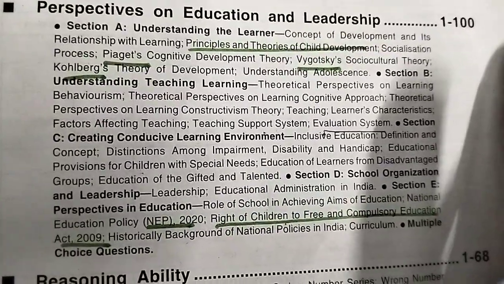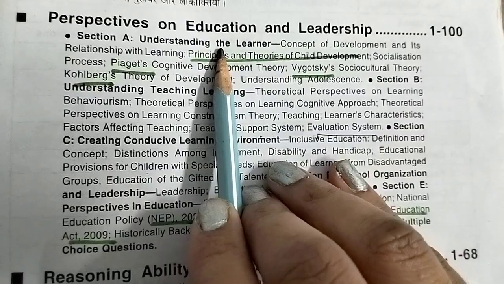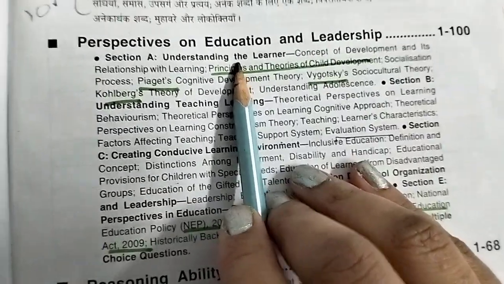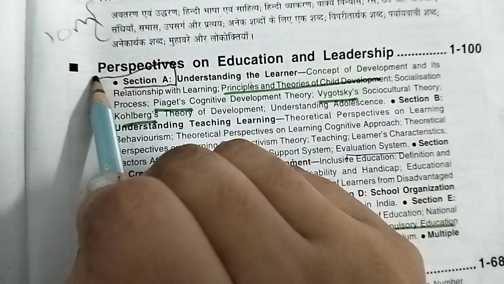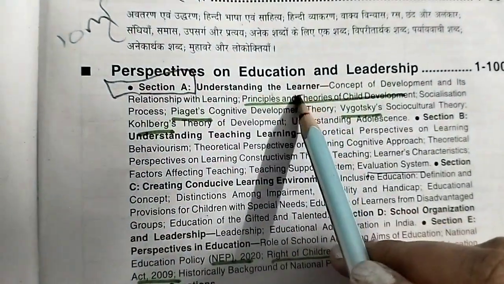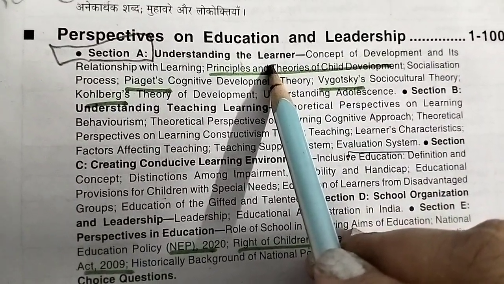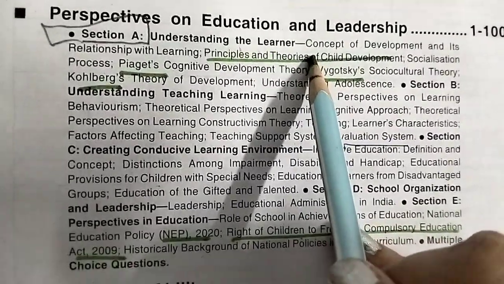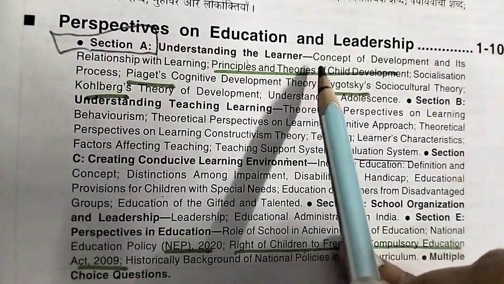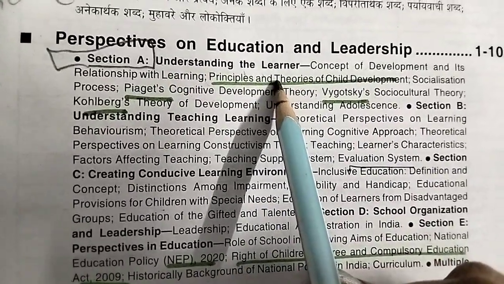If you observe here, understanding the learner is the first part, section A. If you qualified recently for the CTET, I think your preparation is almost done. Why? Because understanding the learner is almost like the CTET syllabus: concept of development and its relation with learning, principles and theories.